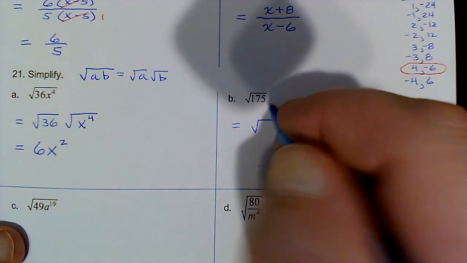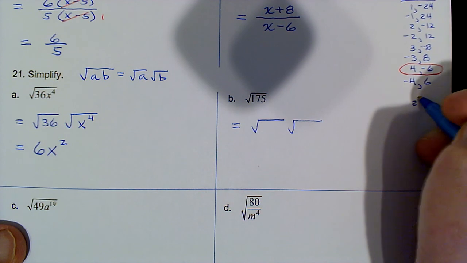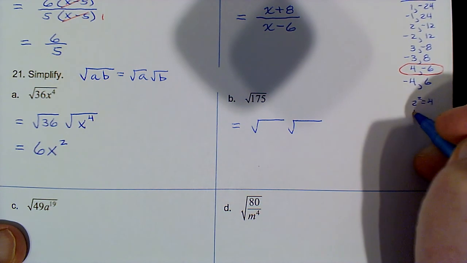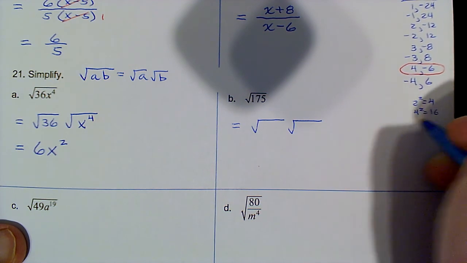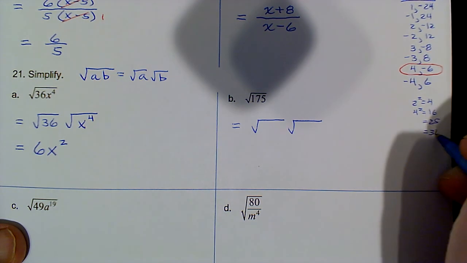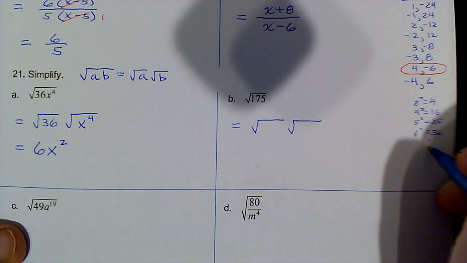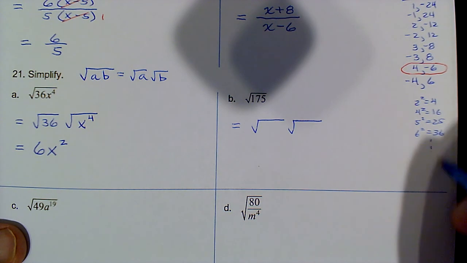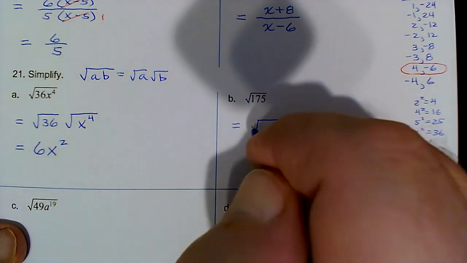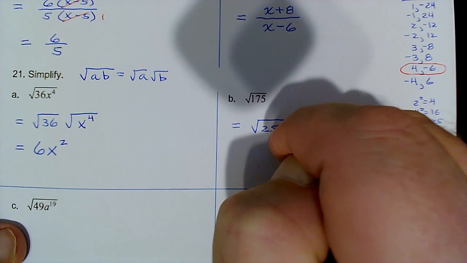If you were to list all the perfect squares, like 2 squared is 4, 4 squared is 16, 5 squared is 25, 6 squared 36, and so on, you can work your way up the list, and the first one that divides evenly into 175 is 25.